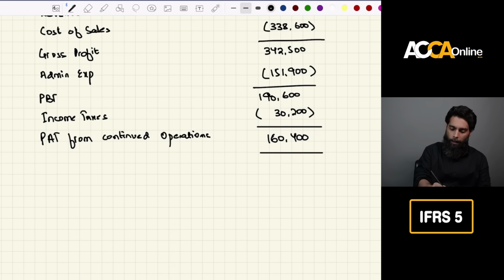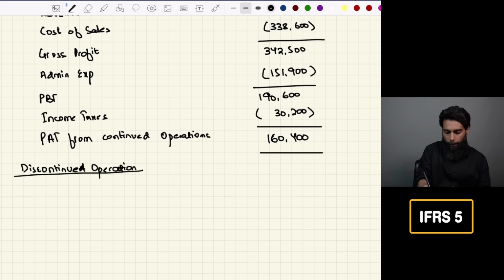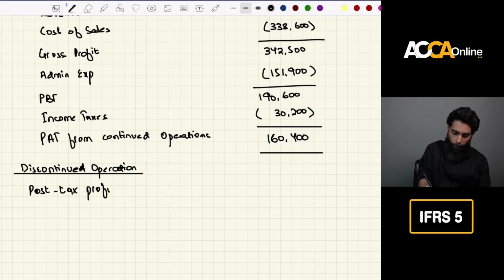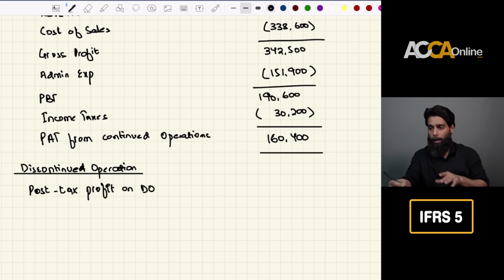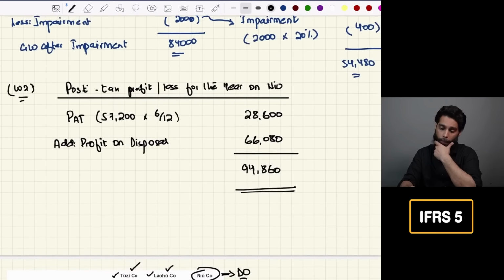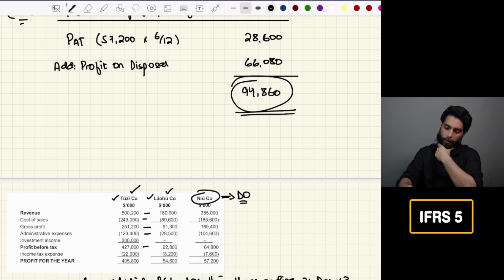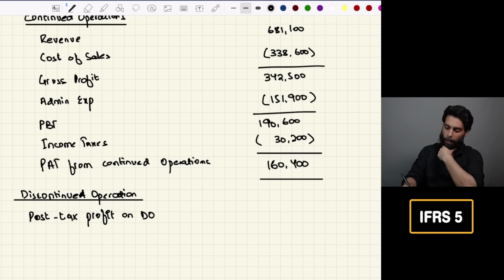P&L question, then you will make a heading of discontinued operation. Then you will write post tax profit on discontinued operation. You can write the whole thing down. And that post-tax profit on discontinued operation was 94,860.